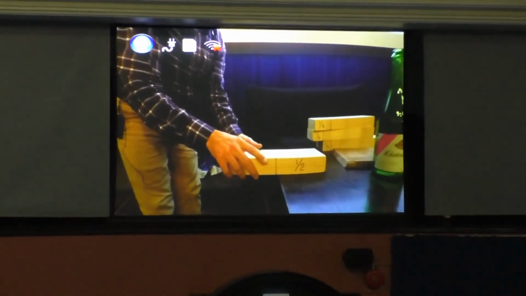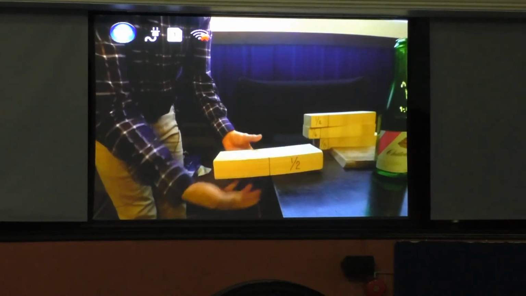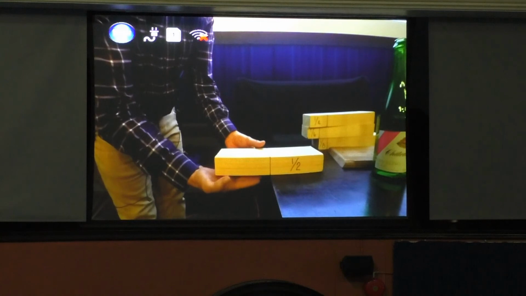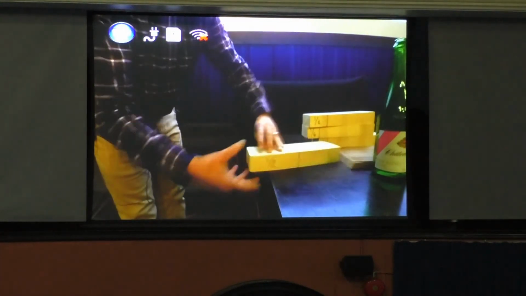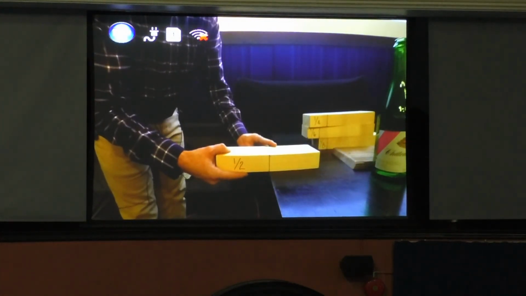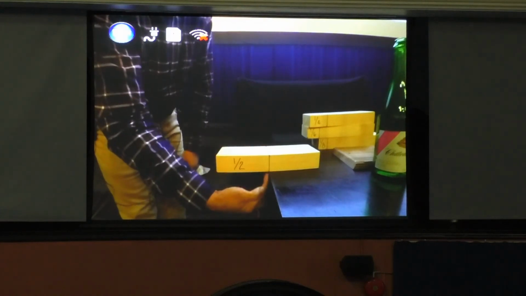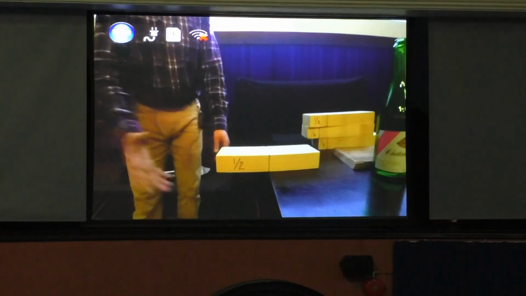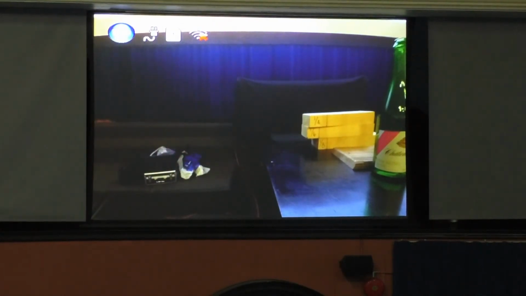If I keep on pulling, more and more, whoop, it tips when the center of mass, which is right at the line, goes off the edge. The closest I can get it is to put the center of mass right on the edge. If the center of mass is directly over the edge of the table, then it is stable. If it goes beyond, then it falls and is unstable. Okay, let's just keep it like that.